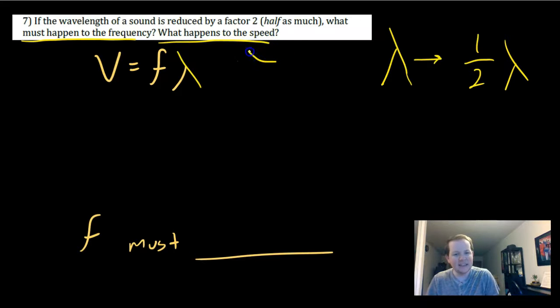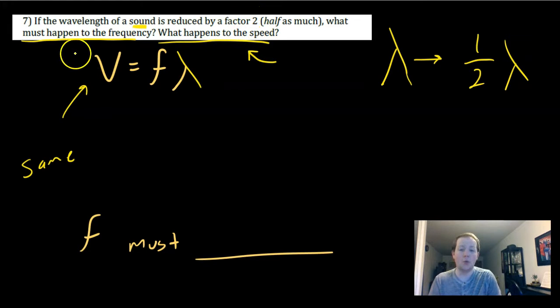To be honest, it's a little easier to answer this second question, because if they're not saying anything else about these sound waves, they're not saying you're going to radically different temperature areas or radically different altitudes. Remember, the speed of sound in this class is pretty much constant. So the speed of sound is staying the same. Well, that answers this second question, and that really helps us answer the first question.